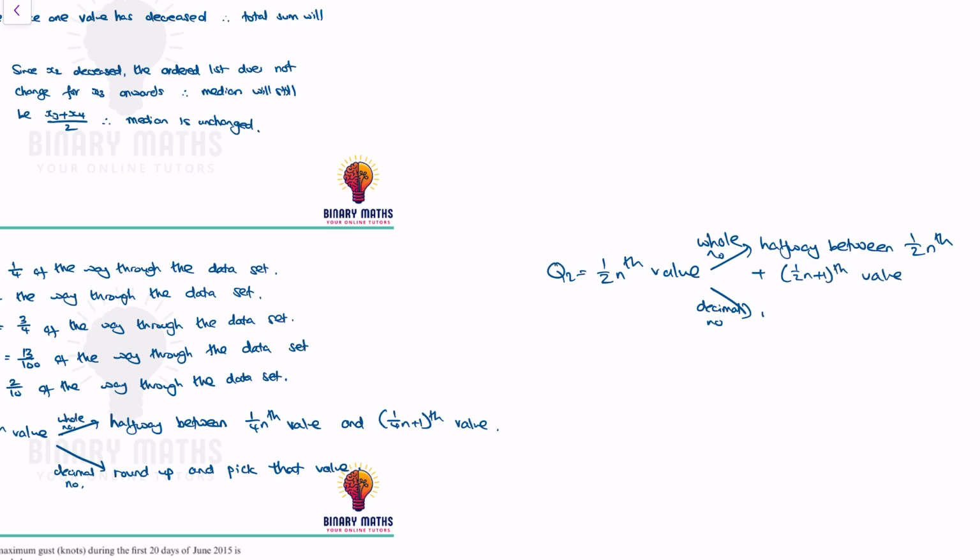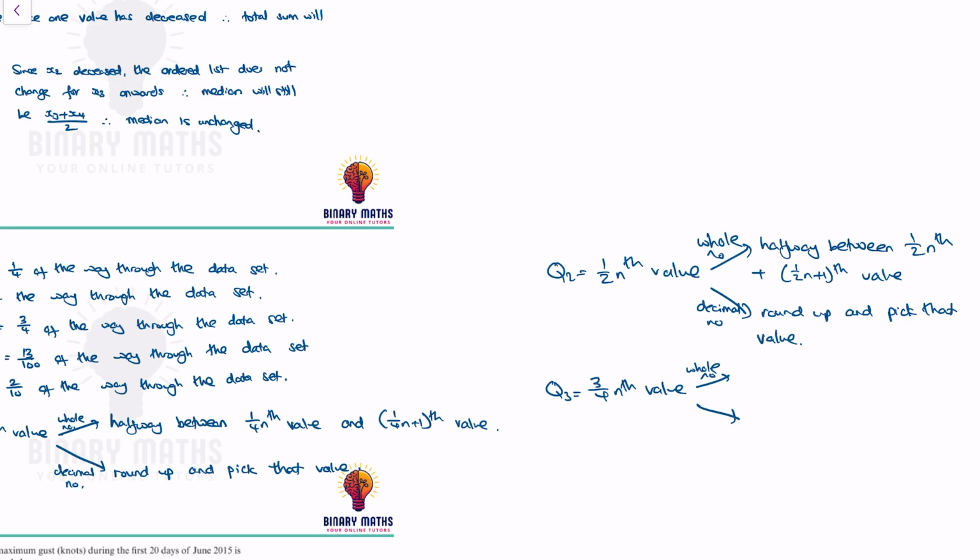If it's a decimal number, you round up and pick that value. And same thing with Q3, which is 3/4 nth value.